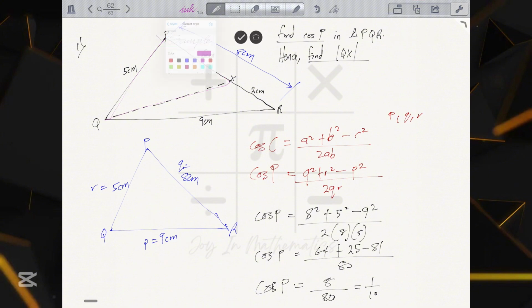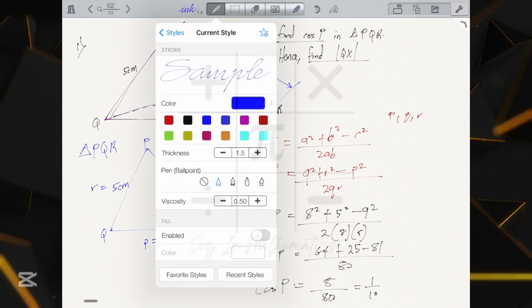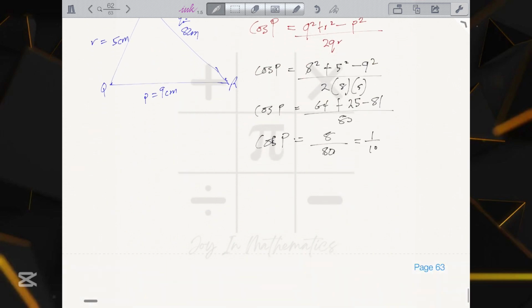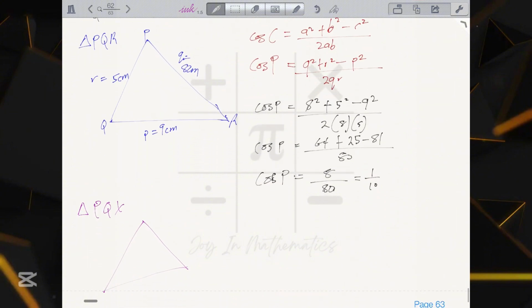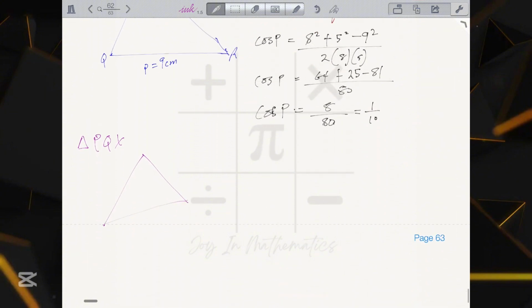Remember, in the first triangle we consider triangle PQR. Now in the second triangle, let us consider triangle PQX. So considering triangle PQX, we have something like this, understanding that X is an intersection on PR. So we have X, we have Q, and then we have P.